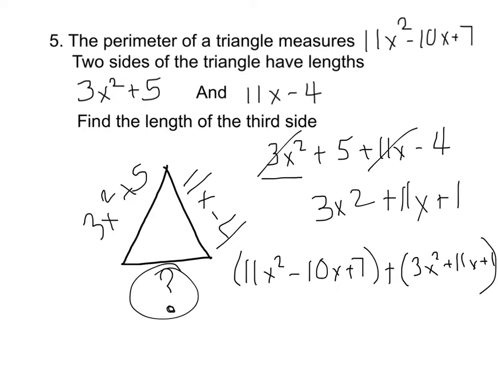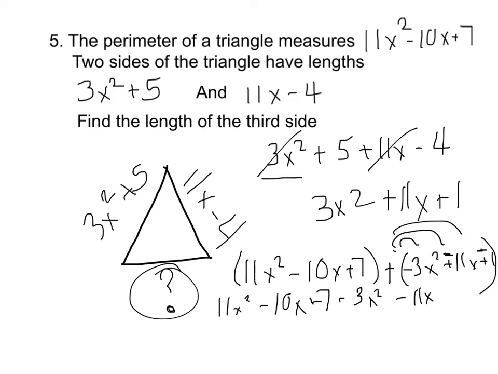So I'm making an addition. I'm going to distribute that negative. So I'm going to have minus 3x squared, minus 11x, and minus 1. Now I'm going to rewrite it down here so I know what everything is. I have 11x squared minus 10x plus 7, and then minus 3x squared minus 11x, and then minus 1. And now I'm going to combine my like terms.